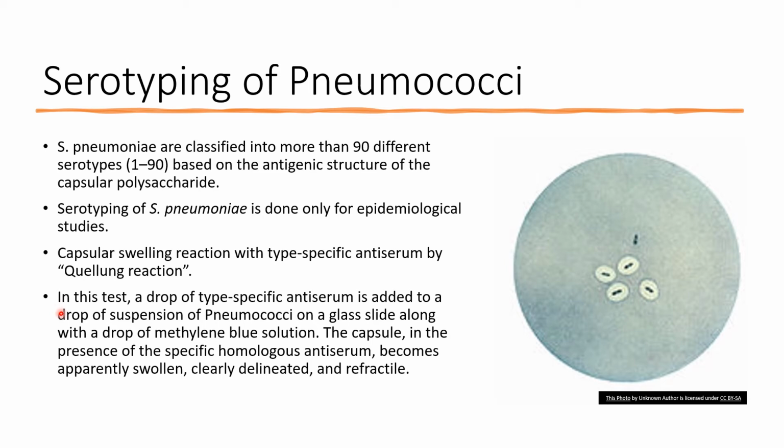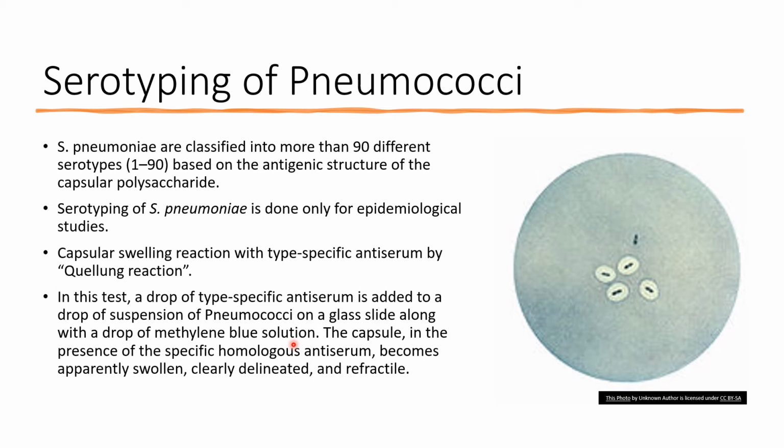In this test, we mix a drop of type-specific antiserum with a drop of pneumococcal suspension on a glass slide, and then we add a drop of methylene blue to it.